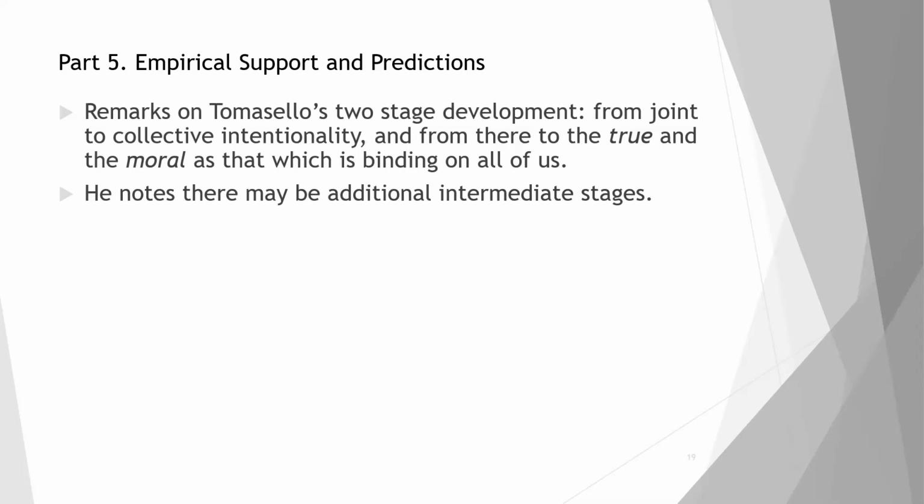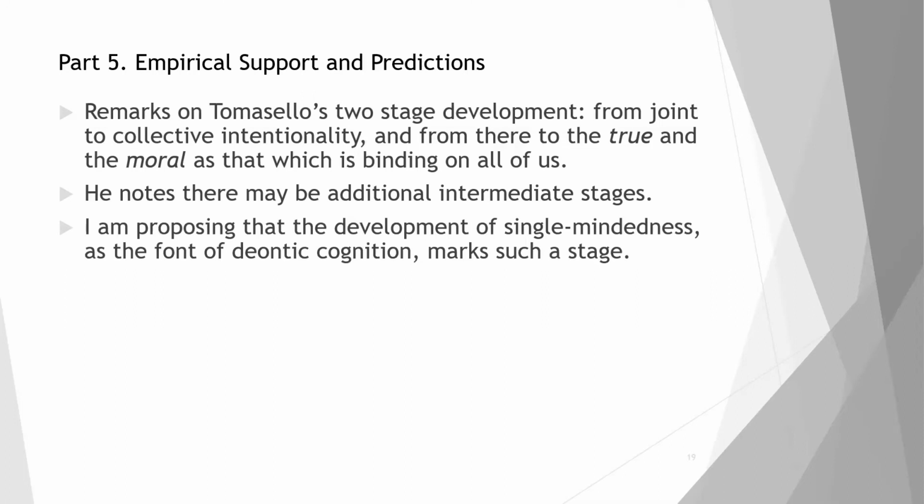And I can be seen as proposing some intermediate stage, that between the development of collective intentionality and the development of human cognition, we need a notion of single-mindedness, because this is what allows us to account for recognizing something as true or good, in the sense of recognition that involves not merely acting in conformity with a norm, but on the basis of an awareness of its propriety, responding to it as something that demands our obedience.